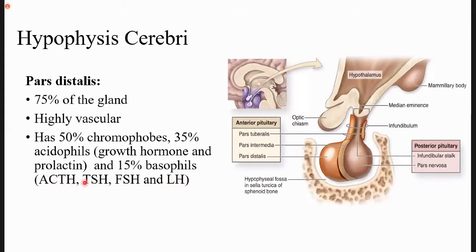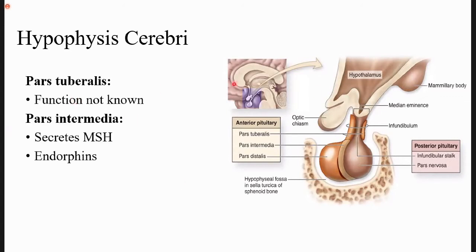These are the other hormones, glycoproteins, which are released from the basophil cells. So overall, this region constitutes 75% of the gland. It's very vascular. 50% chromophobes, 35% acidophils which secrete growth hormone and prolactin, and 15% basophils which secrete adrenocorticotropic hormone, thyroid stimulating hormone, follicle stimulating hormone, and luteinizing hormone.